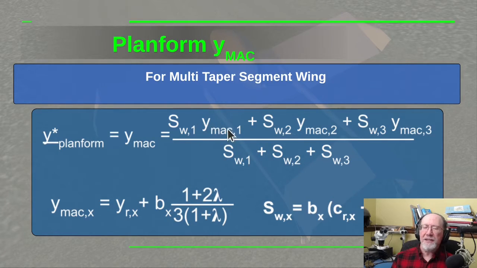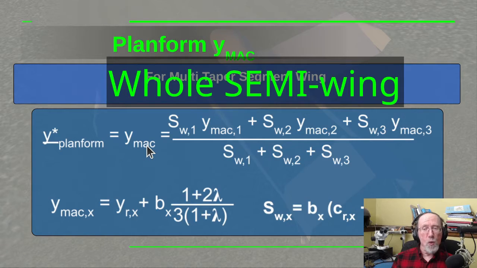You figure out where its mean aerodynamic chord is. Then you get the second section, figure out where its y position of the mean aerodynamic chord is, and so on. You multiply that by the surface area of that section, and you sum all those up. And then you divide by the sum of all the surface areas. In other words, the surface area of the wing, or at least the semi-wing. Once you do that, that gives you the y position of the mean aerodynamic chord of the whole wing.